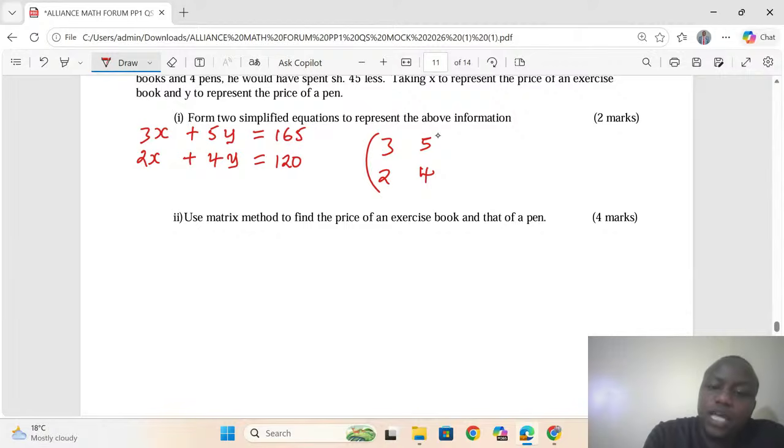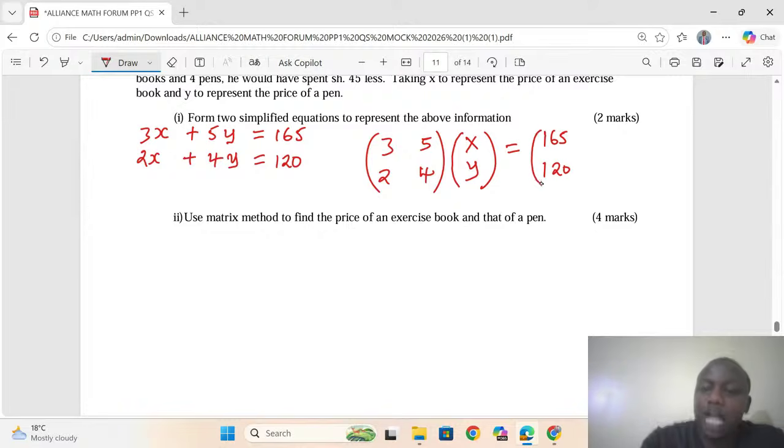This is called the coefficients matrix. Then after that, we go to variables. X, Y are the variables, equals to 165 and 120. These are called the constants matrix. So we have the coefficients matrix, variables matrix, and constants matrix. Those are the names of the matrices.